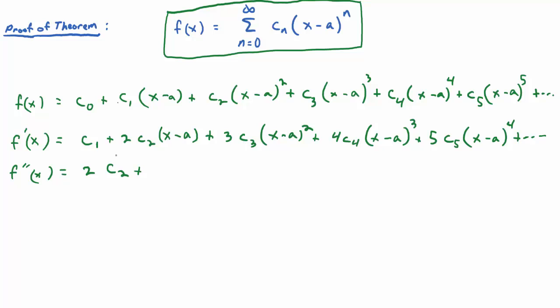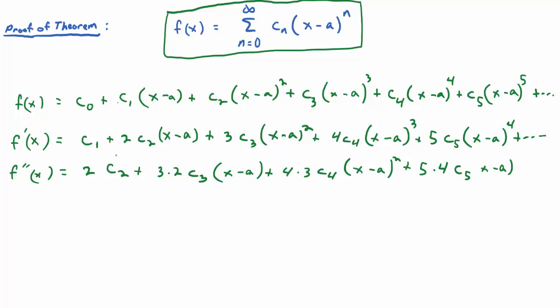Right, but if we want to see a pattern, let's write it as 3 times 2 out in front, c3 (x minus a) to the 1 power plus what? 4 times 3, c4 (x minus a) squared plus 5 times 4, c5 (x minus a) cubed plus dot, dot, dot. I know, very exciting. We'll just do only 3 more.